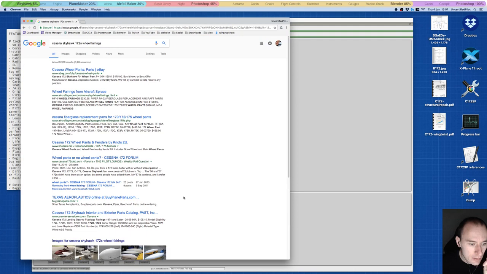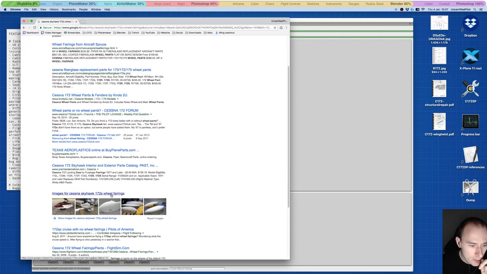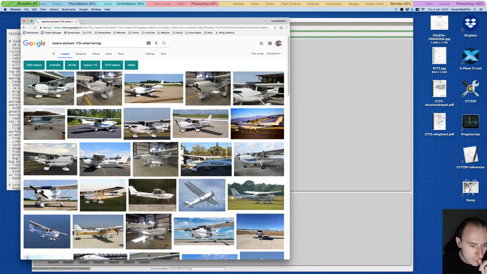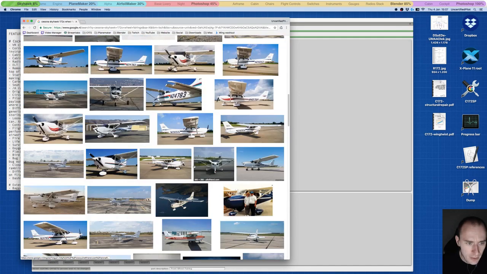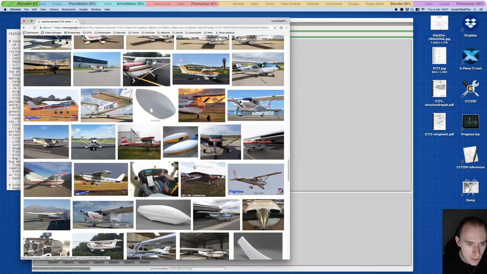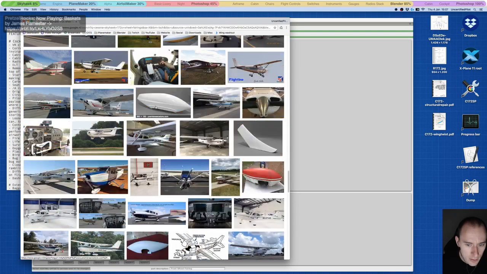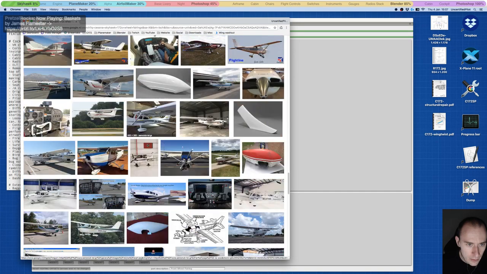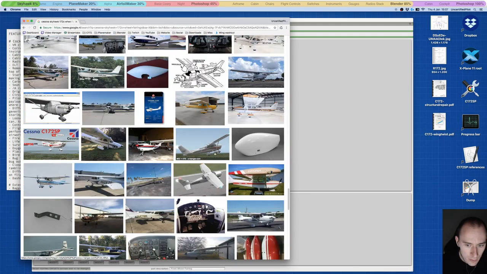Why don't I see any? And here I do see. I only see Skyhawks here, that's interesting. Wheel fairings, yes.